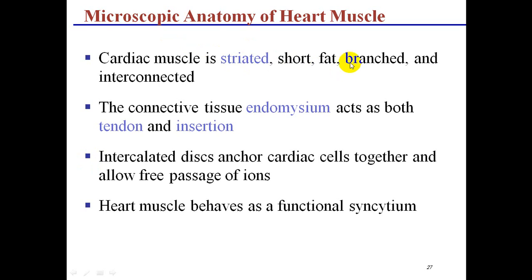What does branched mean? We will see it's connected and branched again, and interconnected by intercalated discs. Connective tissue, the endomysium, acts as both tendon and insertion in the muscle of the myocardium.